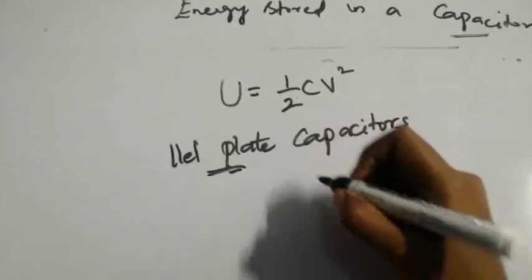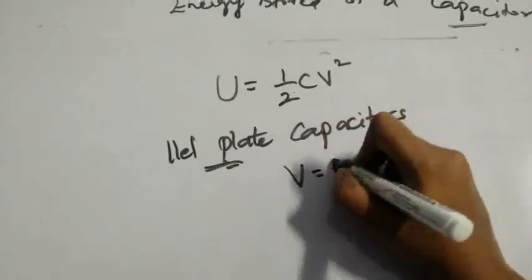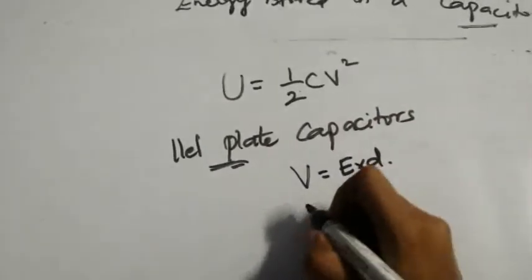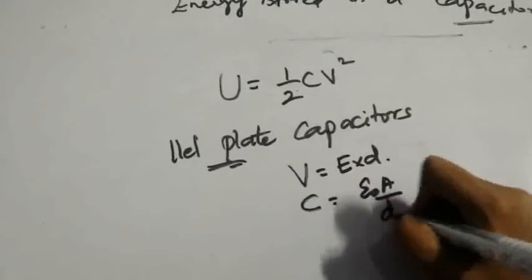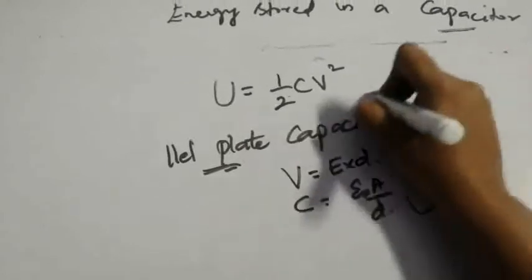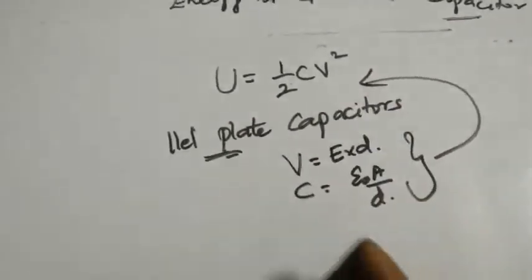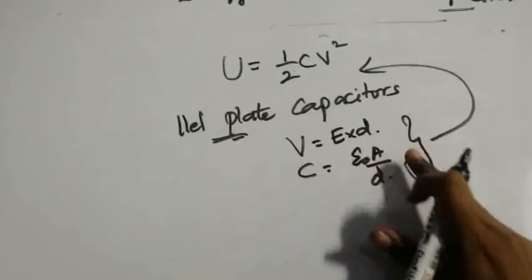For this case, we know that V is equal to E into D and C is equal to epsilon naught A by D. So substitute these two values here in the equation: instead of C, write epsilon naught A by D, and for V, write E into D.